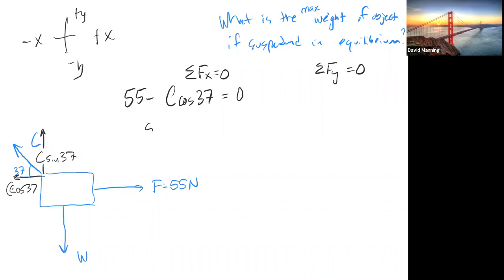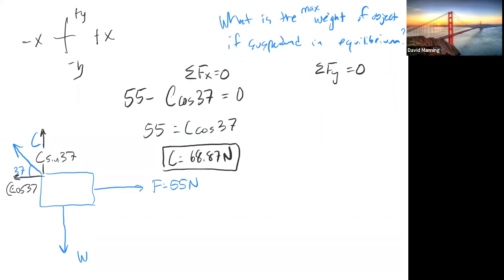So 55 equals C cosine 37. C equals 55 divided by the cosine of 37, 68.87 newtons. That's the force in the cable.